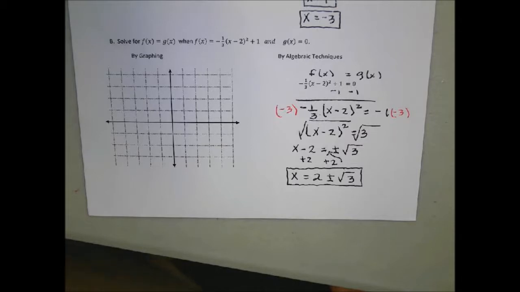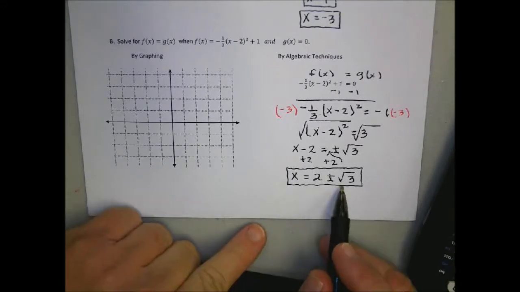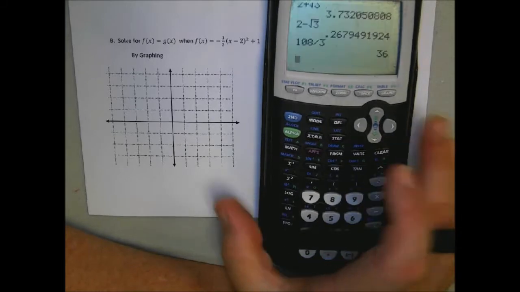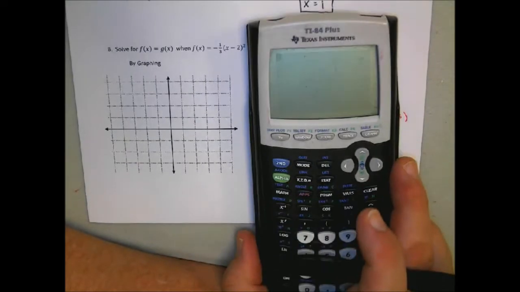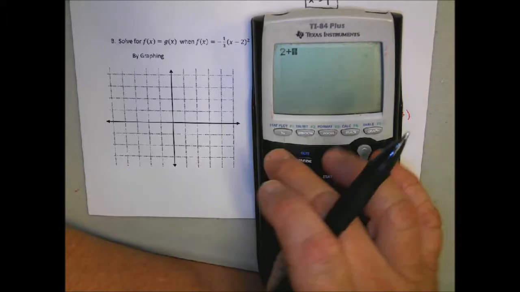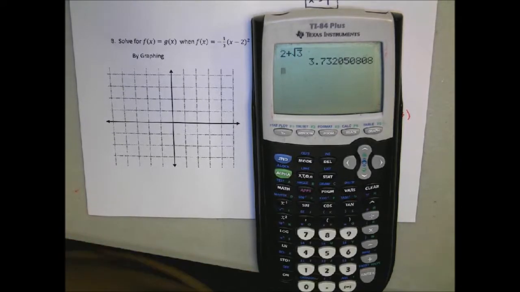But from a graphing viewpoint, it doesn't work quite that nicely because we really don't know what the value of the square root is. So we're about ready to find out. If I want to take this to the nearest tenth, all I have to do, get my calculator, and take 2 plus the square root of 3, and that's what I get as my answer.